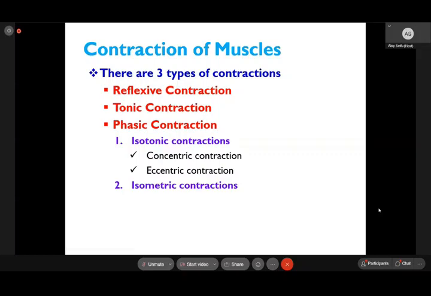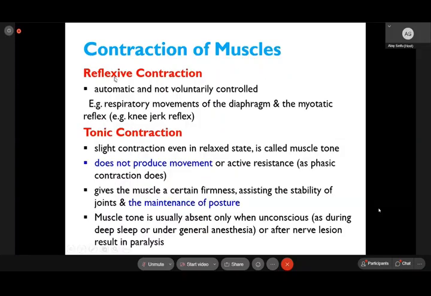Let's see each group one by one. Reflective contraction, as it indicates, is autonomic and involuntary. For instance, the diaphragm can relax and contract involuntarily to regulate the respiratory system.